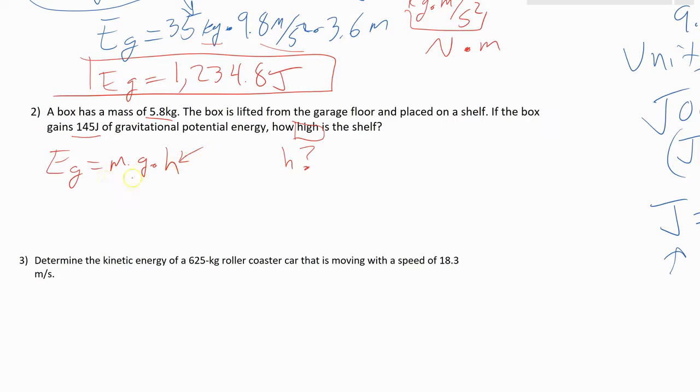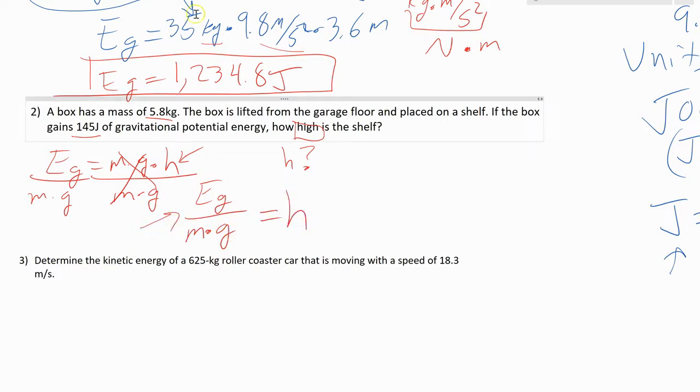I want to get rid of mass and gravity on this side, so I'm going to divide both sides by mass times gravity because they're multiplying. Mass and gravity get crossed out, and I'm left with Eg over mass times gravity equals H. This is the equation we're going to use.